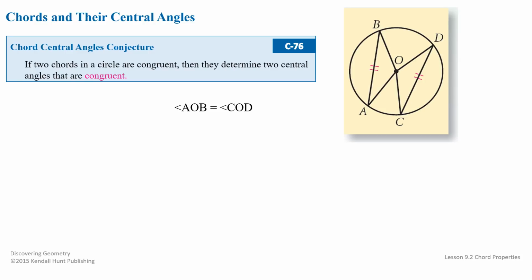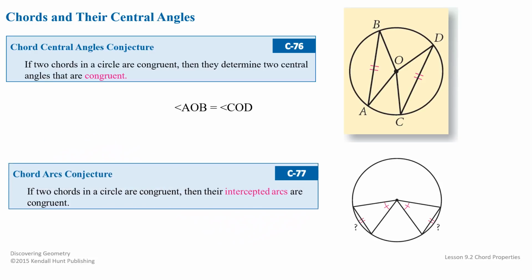If I know that those are the same, I know that the angles are the same, and they're vertical angles almost. But at least I know for sure that they're the same. Next, we have congruent chords and congruent angles. What does that mean for the arcs on the outside? Well, in this case, those arcs on the outside are congruent.